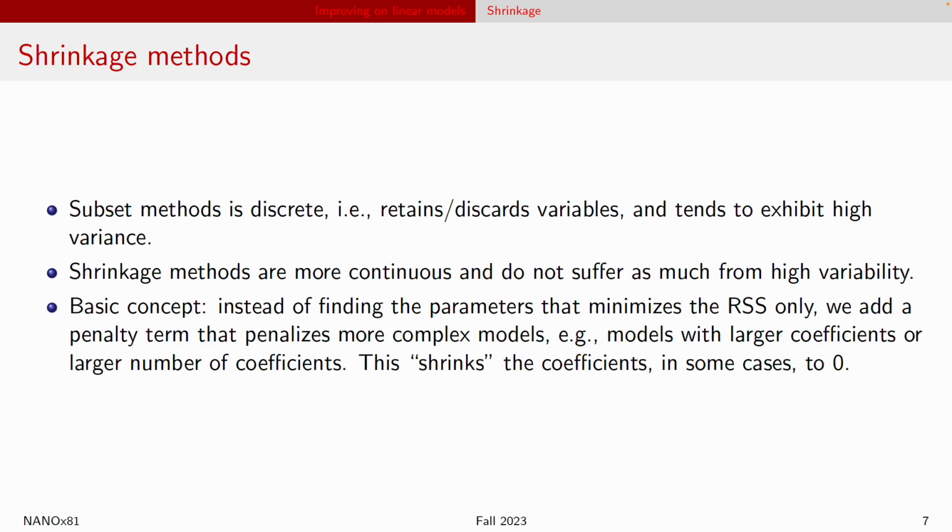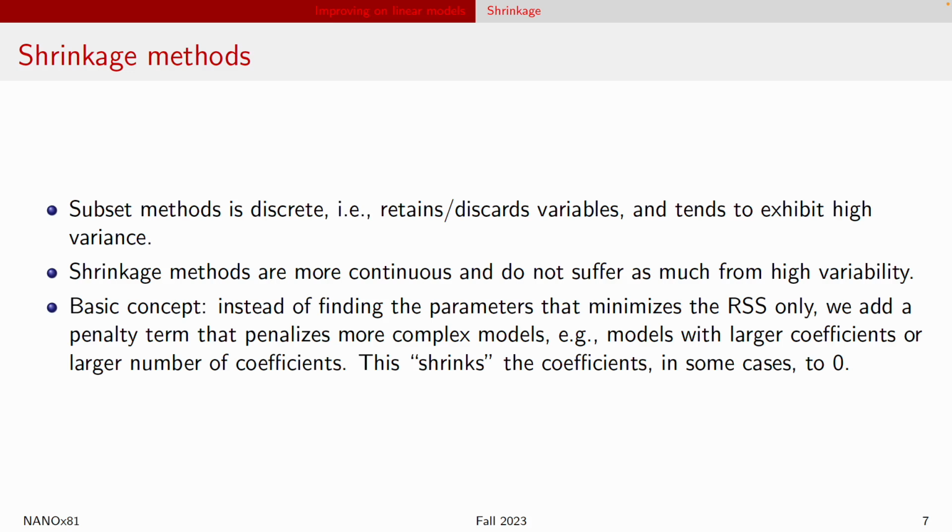Okay, all right. Now the second way in which you can do feature selection is to use what are called shrinkage methods, and this is a much more sophisticated method of doing feature selection. The reason is subset methods are discrete, right?